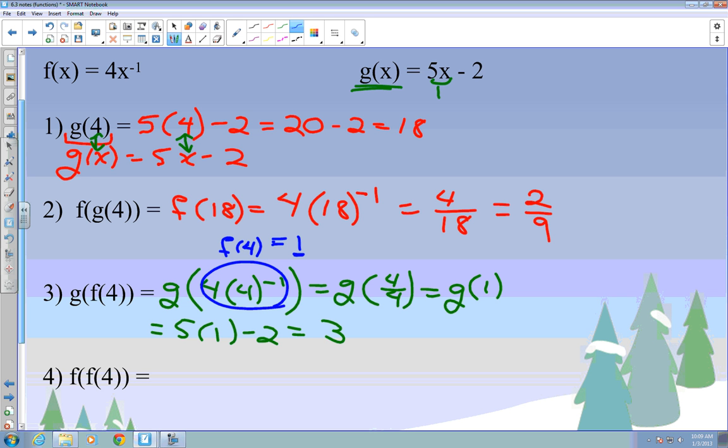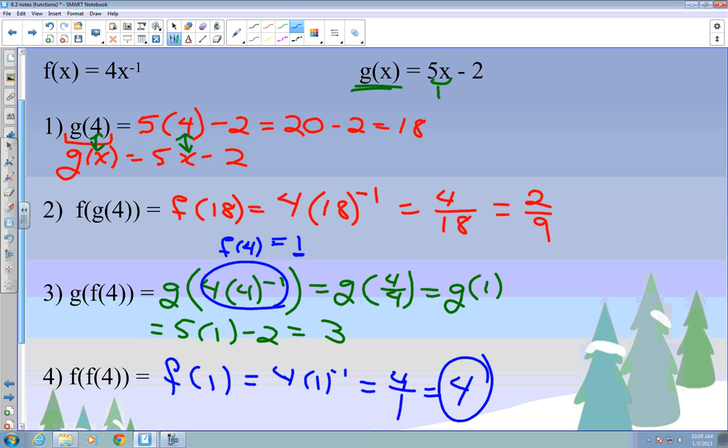Okay. So basically all we're doing is we're finding f of 1. So I've got 4 times 1 to the negative 1. Well, 1 to the negative 1 is just 4 over 1. So that's, everybody get 4?